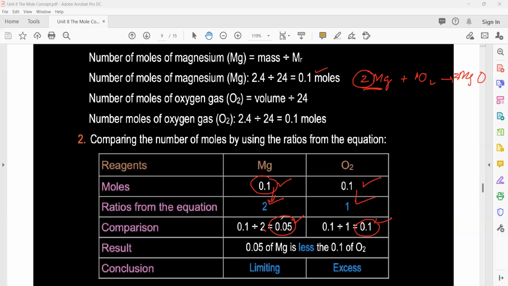So if this is less, magnesium is limiting, and which is more, that is in excess. Any confusion? Did you get this one? Yes, Ahmed? Got it? Yes.